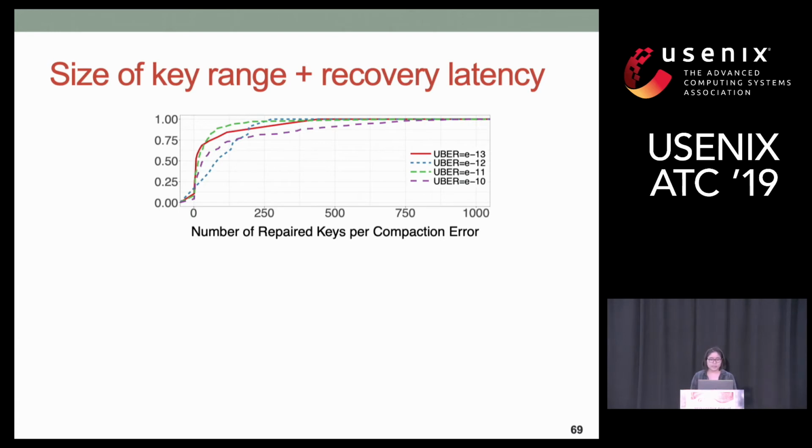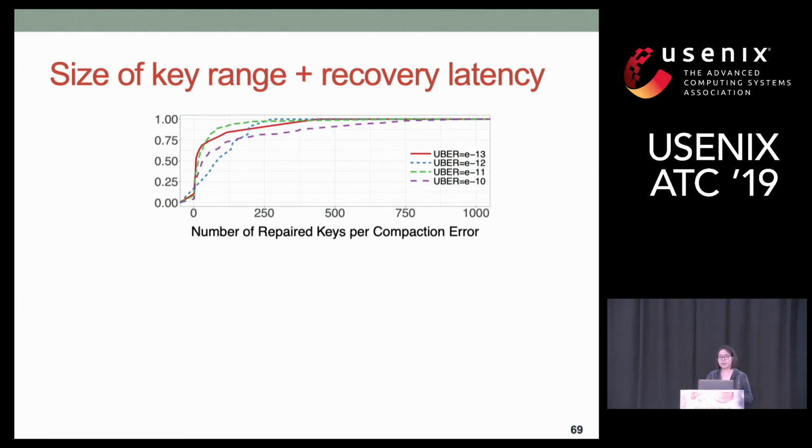As we see, the higher the UBER, and purple is the highest UBER here, the larger the number of keys we have to repair, because each patch request will batch all the corrupted data blocks that it encounters during a compaction. If you have a higher error rate, you'll encounter more corrupted data blocks during your compaction phase, and this is why a higher UBER means more keys to recover.